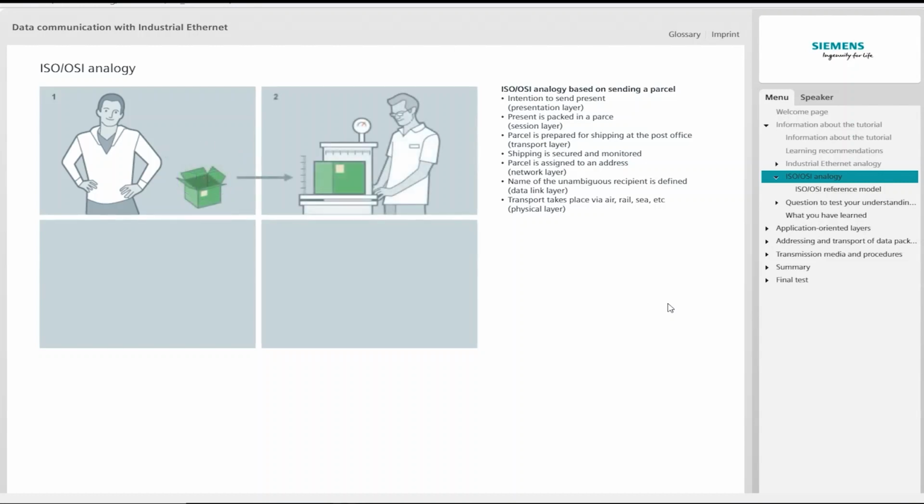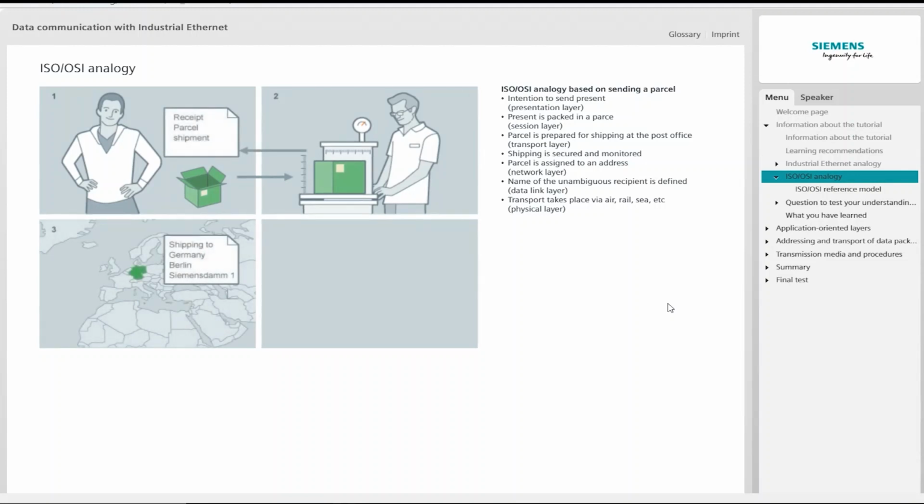You will normally have access to specific control instruments for safeguarding parcel delivery. You are given a receipt. You can insure the parcel separately, track the shipment, and ask the recipient whether they received the present or not. In the ISO OSI model, the transport layer ensures the security of the data packets. In the next step, the post office checks the address.